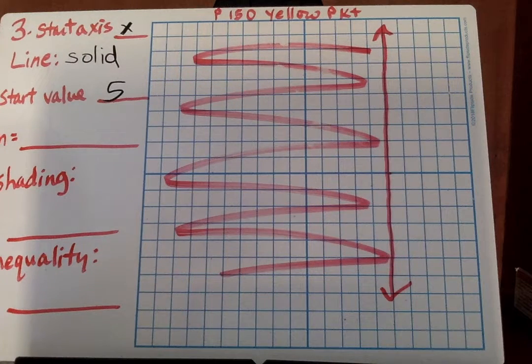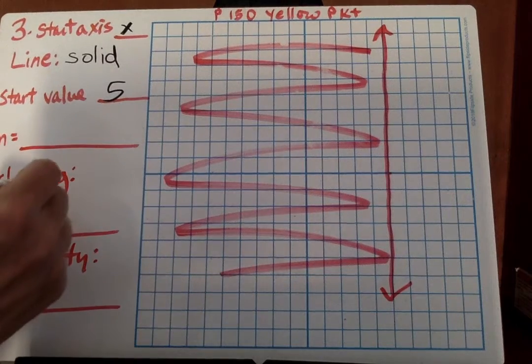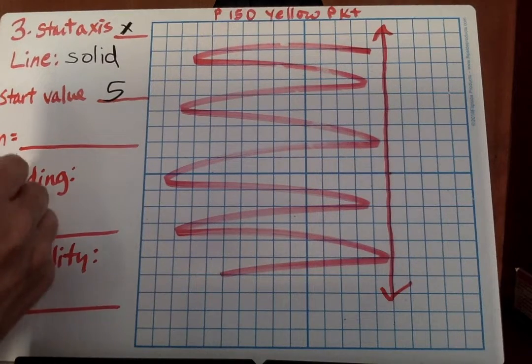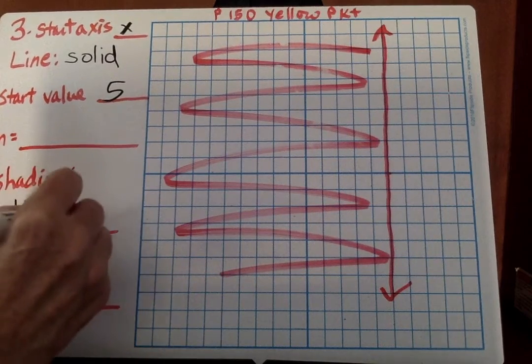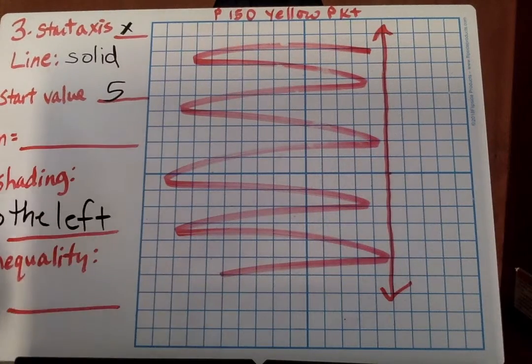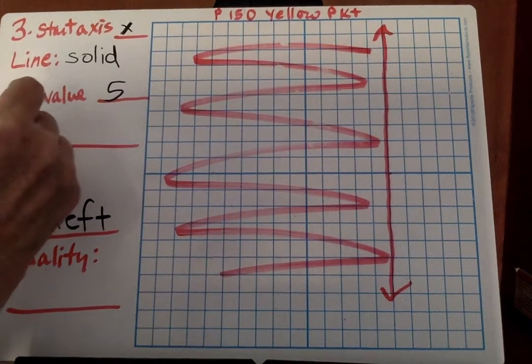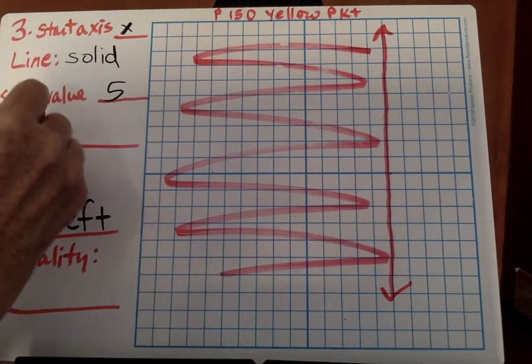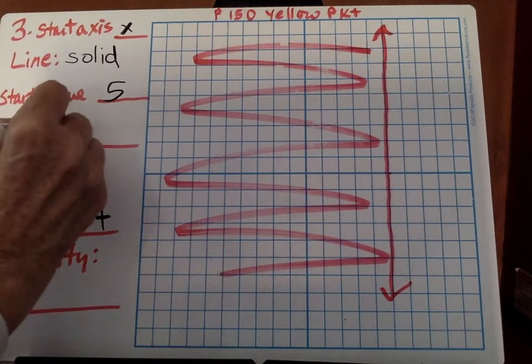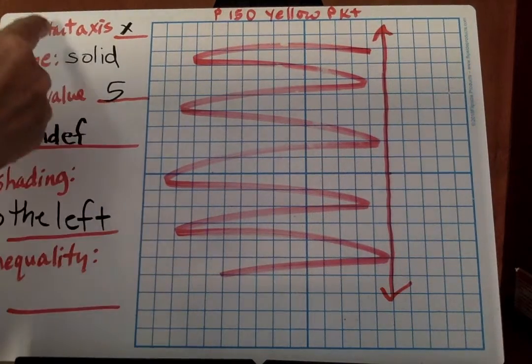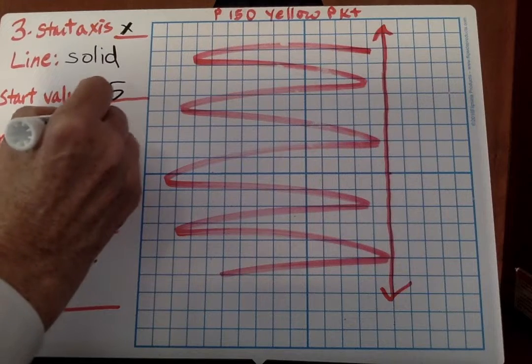Actually, let's start about, okay, shading is to the left. Our slope is going to be, m is undefined. Remember, when it's straight up and down, it's undefined slope. And that's when there's no y in the equation.